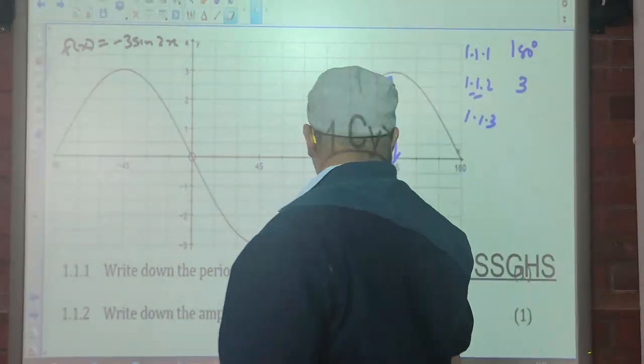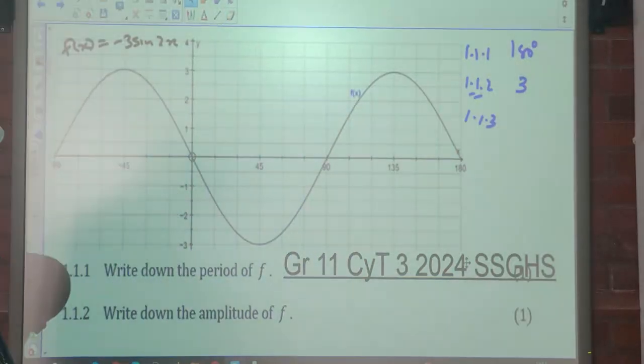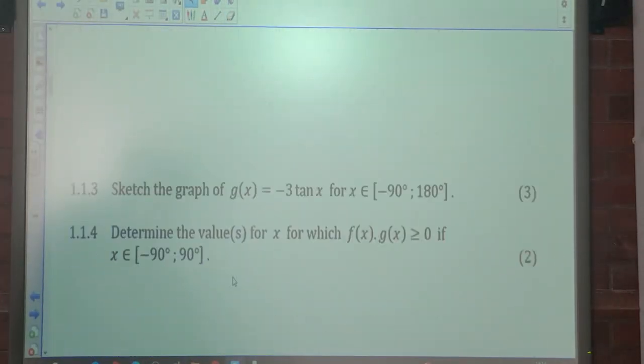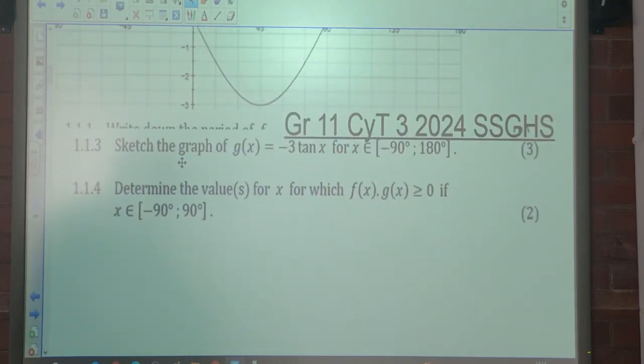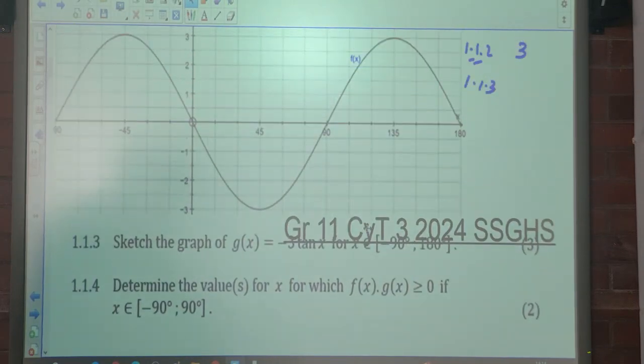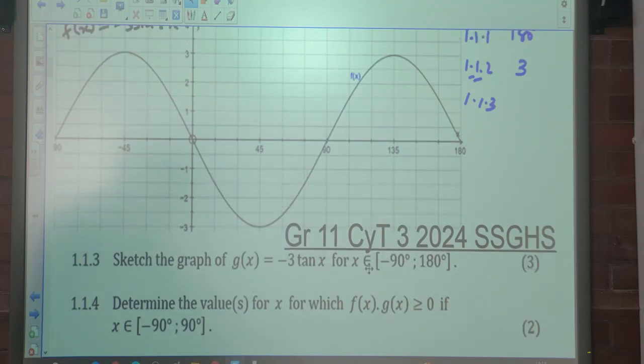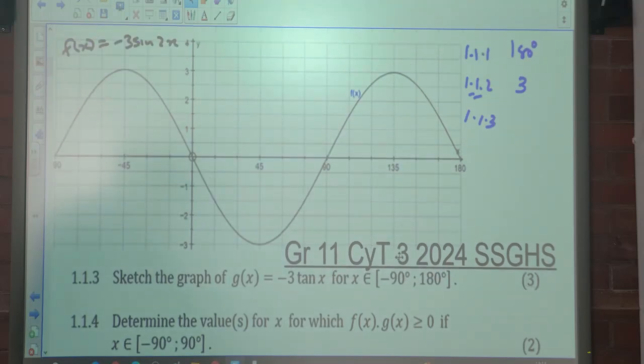Question 1.1.3. You're asked to sketch the graph of g of x equals negative 3 tan x for x an element of negative 90 to 180.